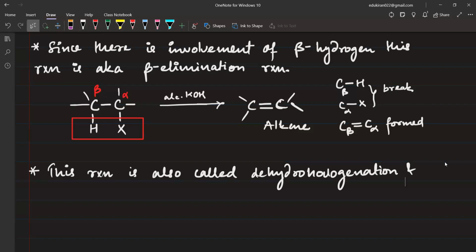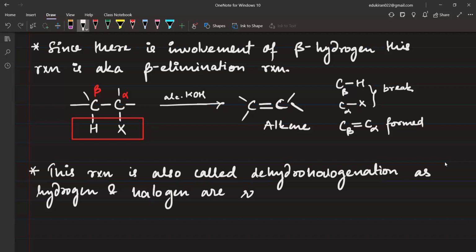As hydrogen and halogen are removed from substrate.